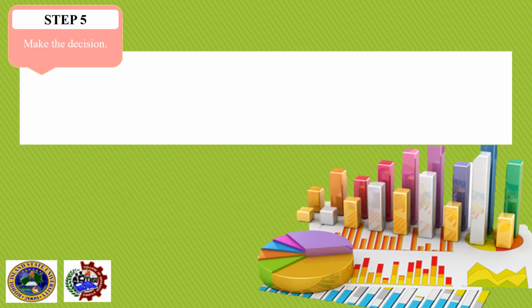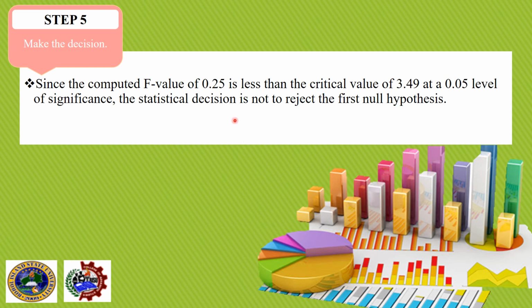Now we have step number 5. We will now make the decision. Since there are two hypotheses, one for treatment and one for blocks, there are also two decisions. First, since the computed F value of 0.25, our F sub TR, is less than the critical value of 3.49, obtained from the F distribution table at a 0.05 level of significance, our statistical decision is not to reject the first null hypothesis.